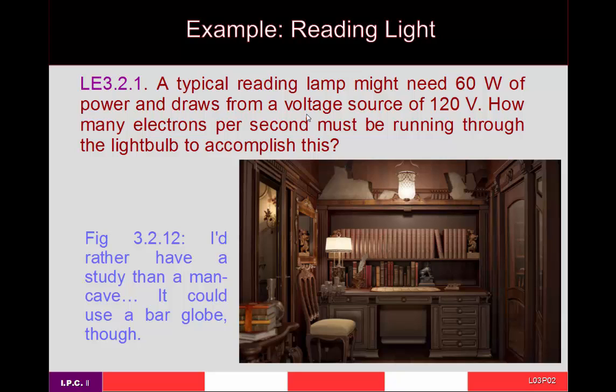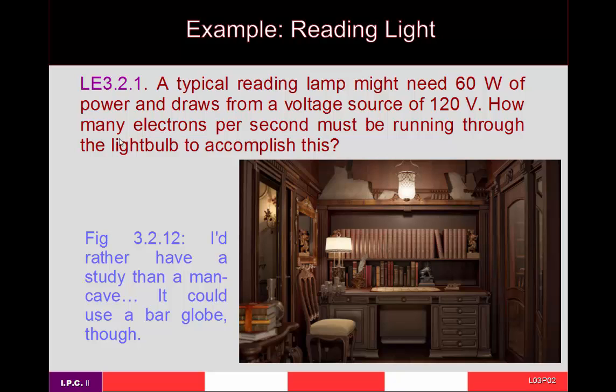A typical reading lamp says that it wants a 60-watt bulb or less. And it turns out that the wiring of your house is such that, if you live in the United States, you have 120 volts from the outlet plug. So your lamp has a potential drop of 120 volts, and there's 60 watts of power used electrically.